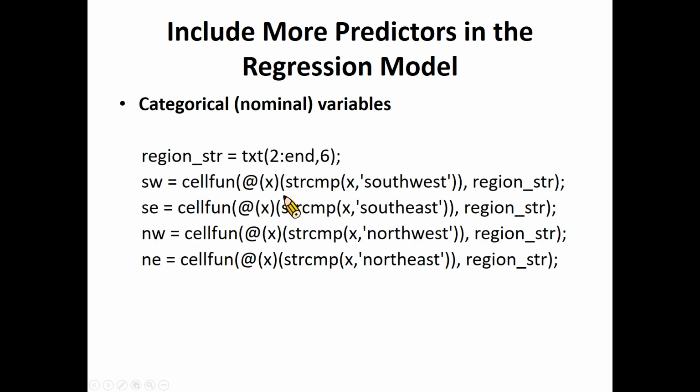Then we can see that we have the region information in the sixth column of the table. Similar to sex and the other two binary variables, we can extract the region information from the second row to the final row in the sixth column of the table.